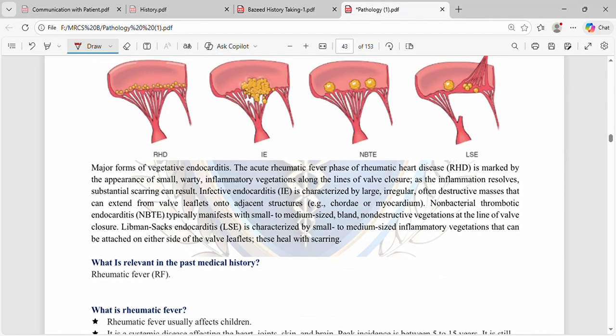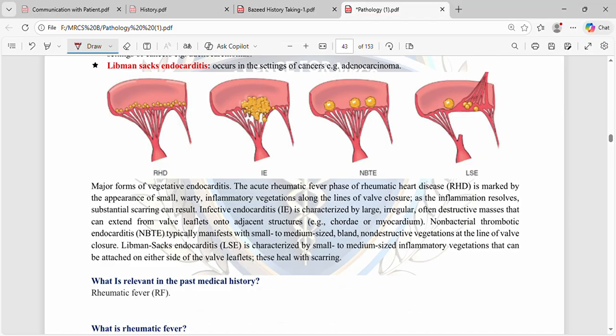So here they have shown the different types of vegetation which occur in endocarditis. In infective endocarditis, the vegetations are large, spread to the sides, and are destructive.